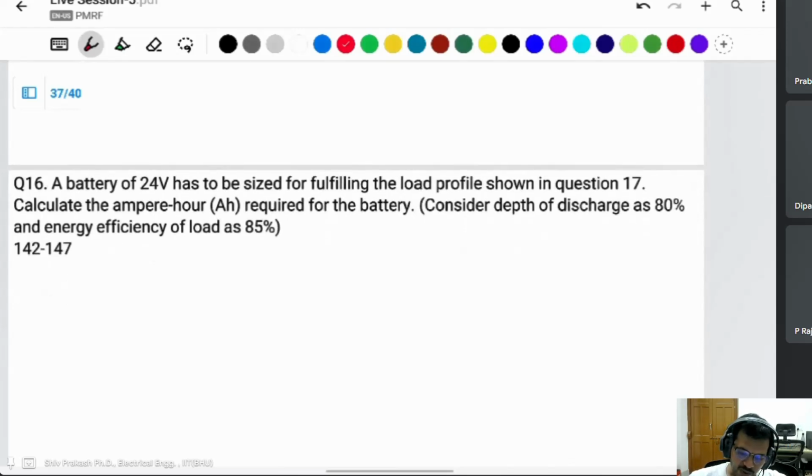A 24 volt battery has to be sized for fulfilling the load profile shown in the previous question. Calculate the ampere hour required for the battery, where the DOD is 80% and the energy efficiency of the load is 85%.